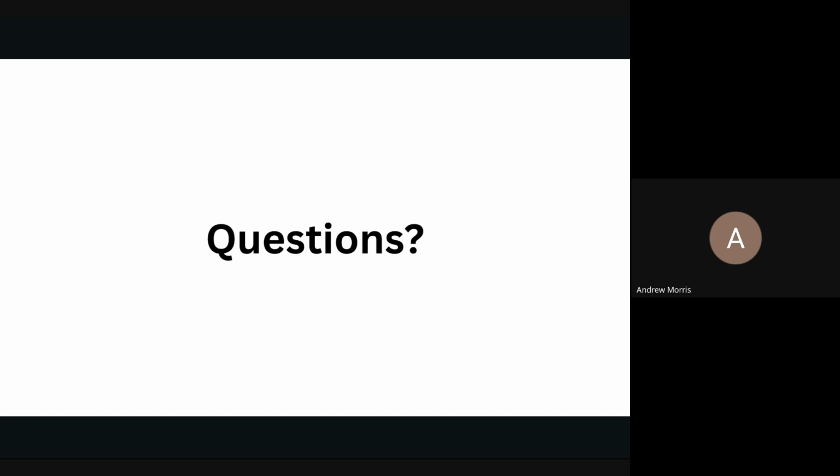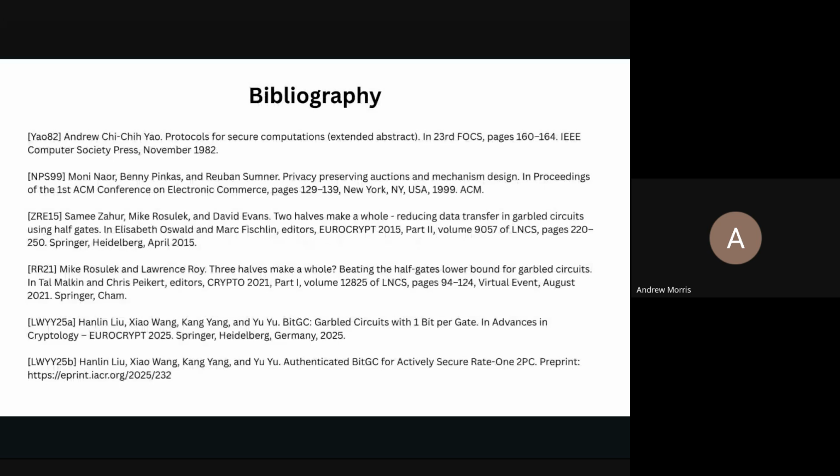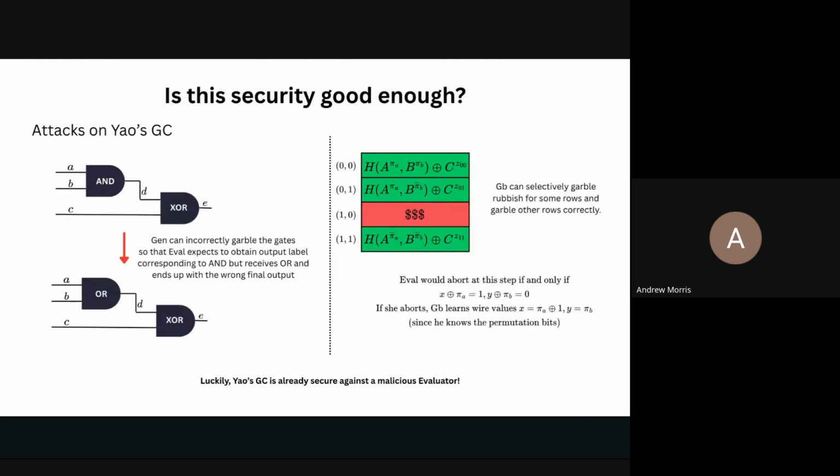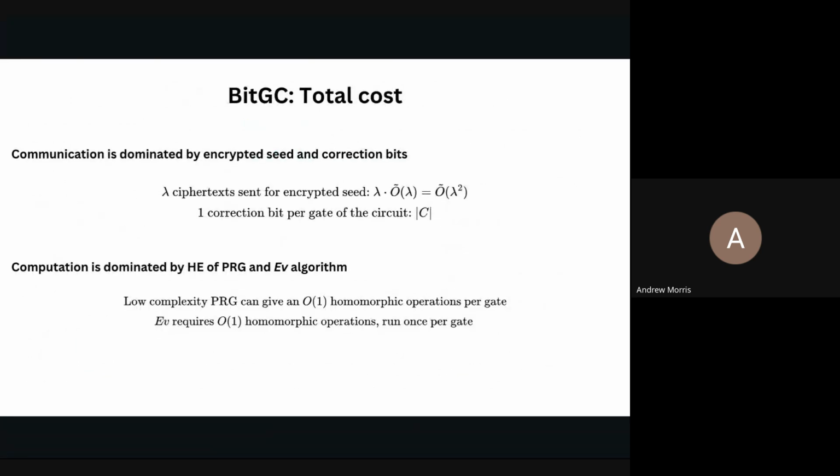I was wondering about the upfront communication cost you mentioned, the GSW ciphertext, I think it is quadratic in the size of the security parameter. Which security parameter is that? Statistical or computational? Computational.